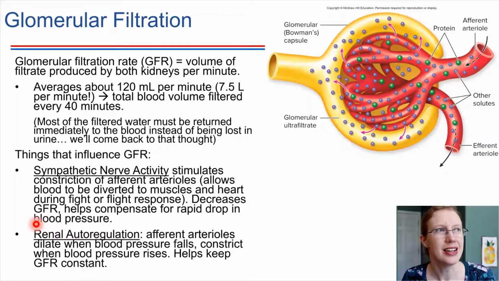That can be detected by pressure receptors, baroreceptors, in the kidney, and then the kidneys can initiate either constriction or relaxation. If we're talking about a drop in blood pressure, the kidneys will initiate constriction of the afferent arterioles, so the ones that are coming into the glomerulus, and that helps to keep the rate of fluid flow constant. So filtrate production stays relatively constant, even though blood pressure might have dropped for some other external reason.